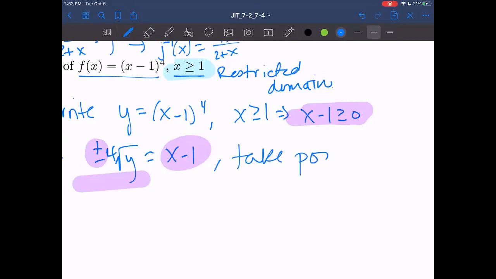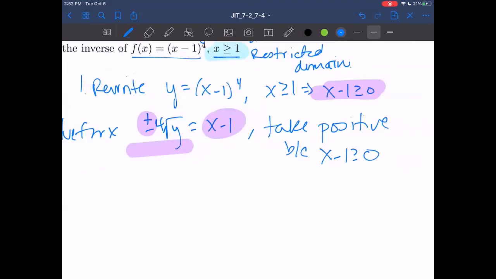So we get the 4th root of y is equal to x minus 1. So the 4th root of y plus 1 is equal to x.